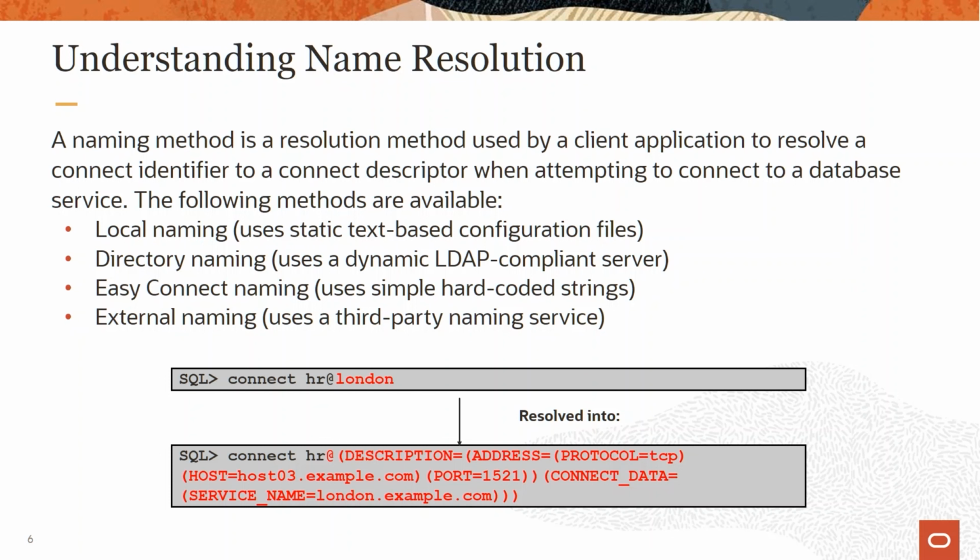You provide the address directly at the OS prompt or SQL prompt. That's the easy connect method. And also, we have external naming as well. If you are using a third-party naming service, that's called external naming. So we have different ways to provide the network-related information. In our practice environment and class environment, we are going to use the local naming method, and also in some cases the easy connect method.